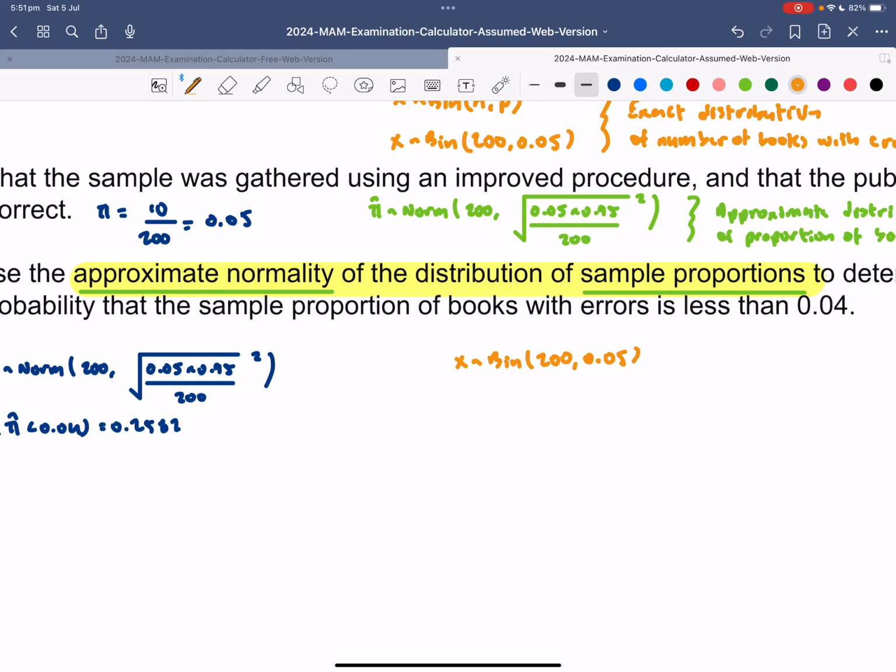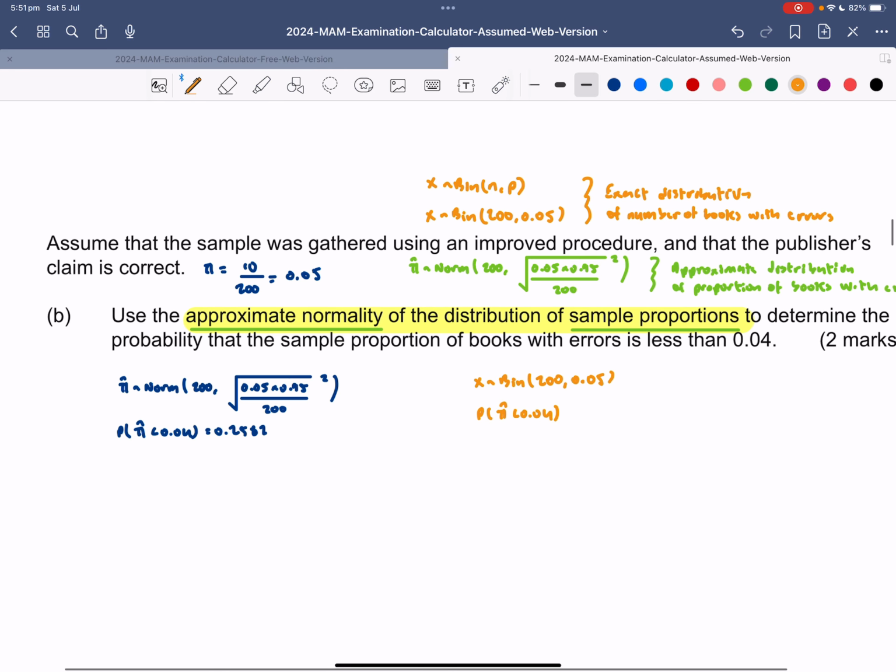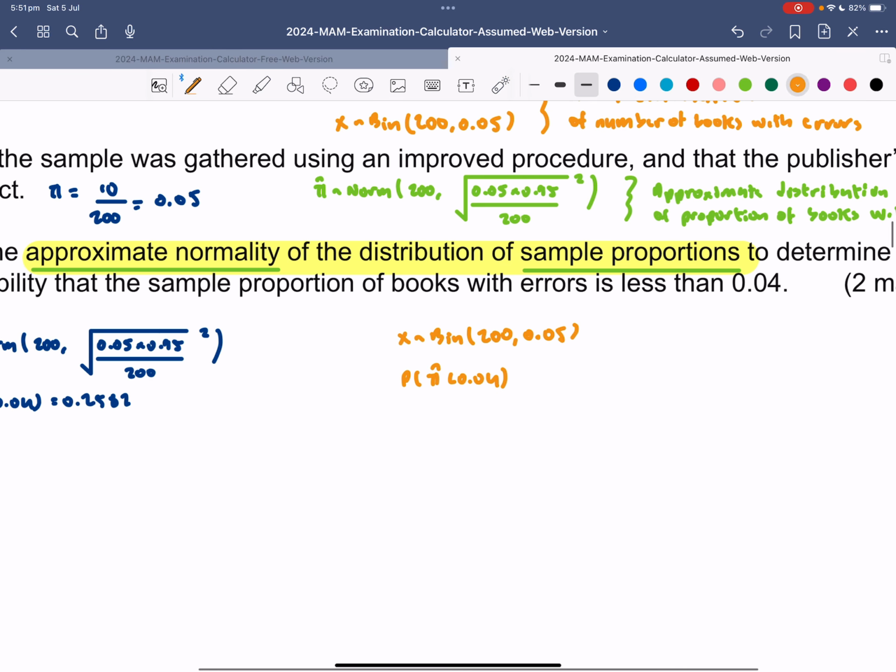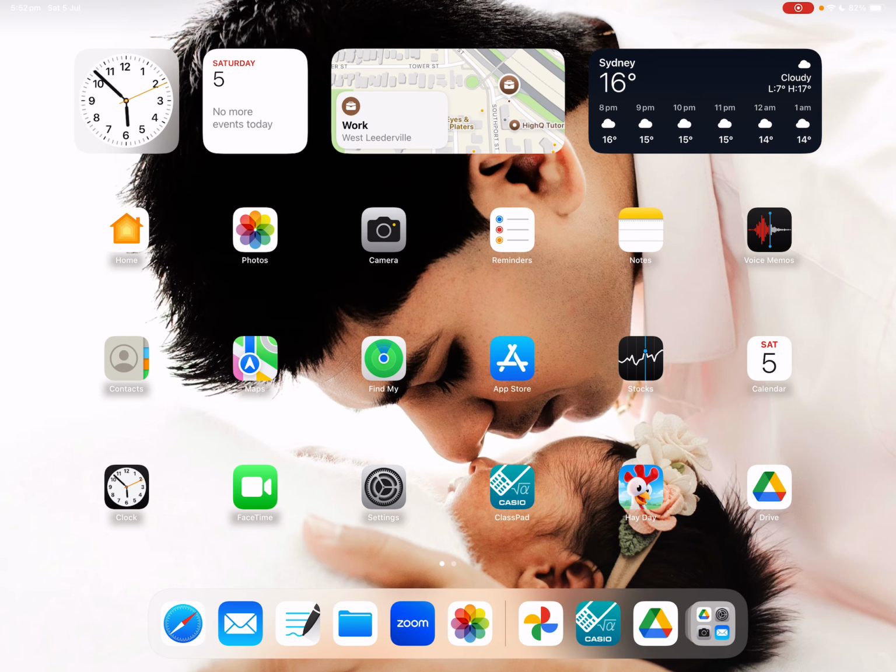If you want a sample proportion less than 0.04, what is 0.04 of 200? 4% of 200 is 8. So they want the probability that X is less than 8, which effectively means 0 to 7. So we want the probability that somewhere between 0 to 7 books have errors in them.